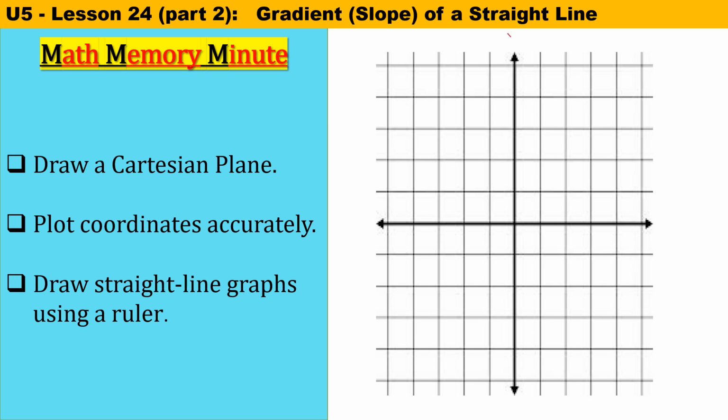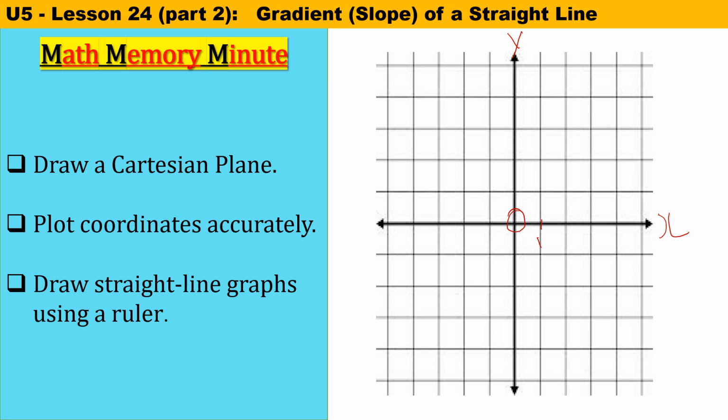Our vertical is y and horizontal is x, and where both lines meet or cross is our origin, which is 0. When you label your graph, the units should be the same on all four quadrants.